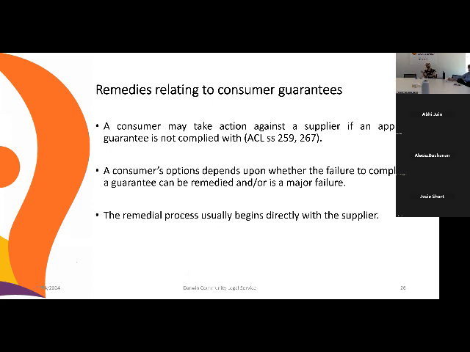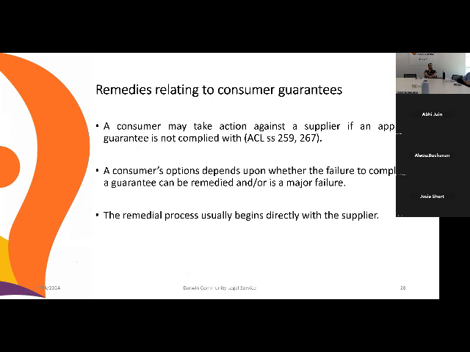And if it's regarding services, you want to go to section 267, because that outlines your remedies relating to a contravention of a guarantee relating to the supply of services. Now, your options ultimately depend upon whether the failure to comply with the guarantee can be remedied or is a major failure.